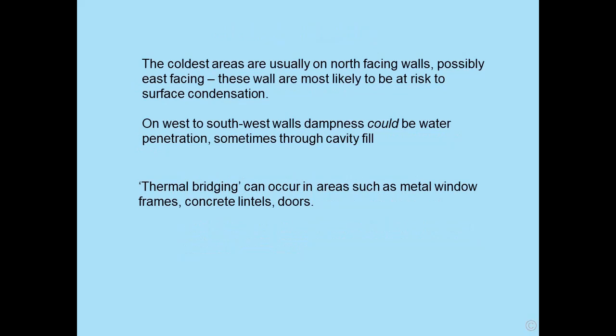Coldest areas are usually on north-facing walls, possibly east-facing, and those walls, or places on those walls, are most likely to be at the highest risk of surface condensation. On west to southwest walls, dampness could be water penetration. This can sometimes occur through cavity fill. And of course, thermal bridging can occur in areas such as metal window frames, concrete lintels, doors, and other structures.